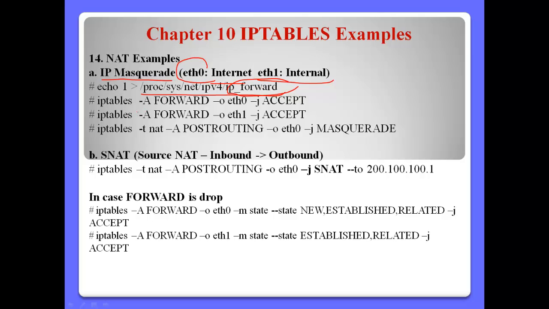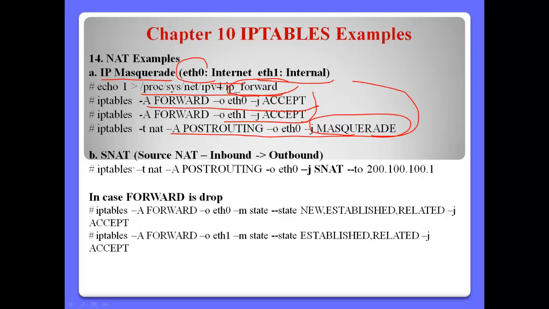And after that, Iptables FORWARD, eth0 meaning the external is accepted, and eth1, the internal, is also accepted. And after that, using NAT POSTROUTING with eth0, the external, -j MASQUERADE. Then the internal network using private IP addresses can access the internet.